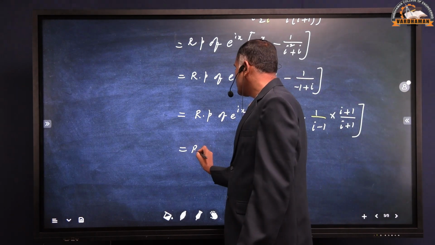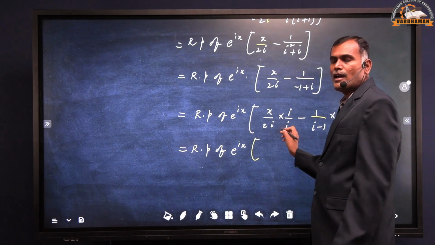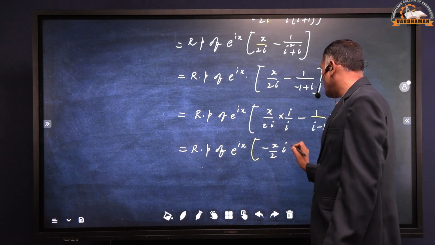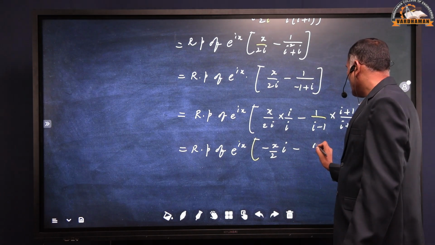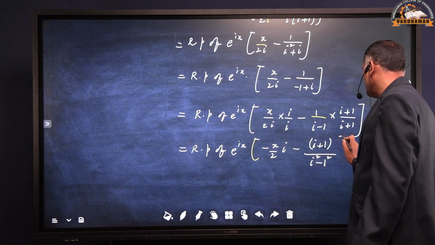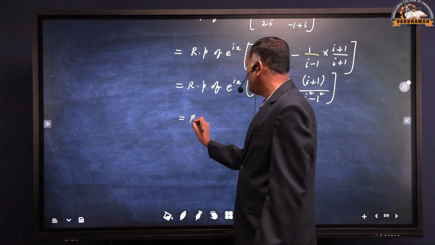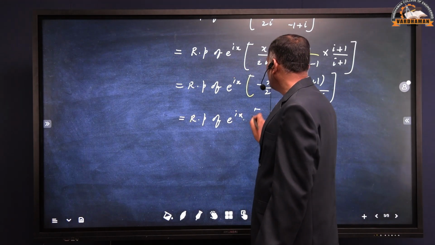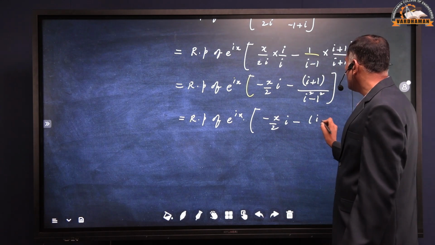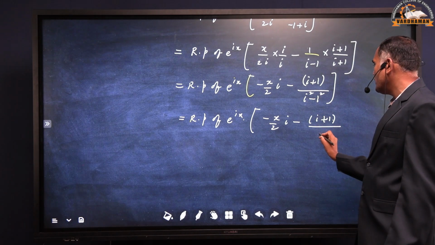Simplify further. This is real part of e^(ix) into i; i square is minus 1, so you will get minus x by 2 into i. Here we get (i plus 1) divided by (i square minus 1 square). I square is minus 1, so real part of e^(ix) into minus x by 2i, minus of (i plus 1) by minus 2.